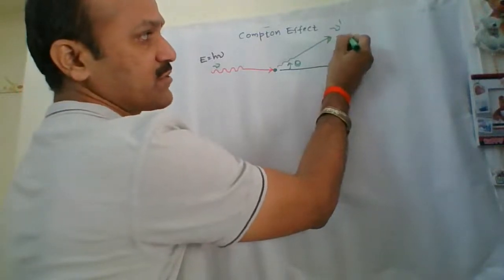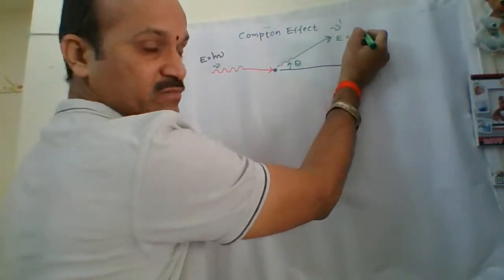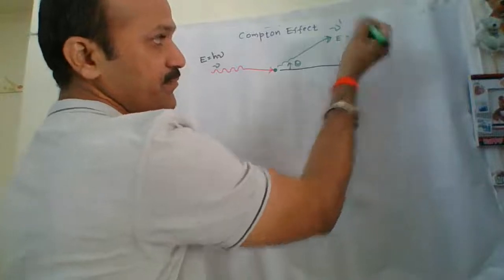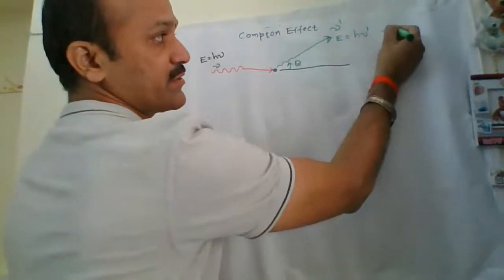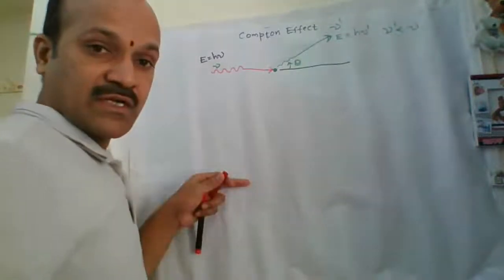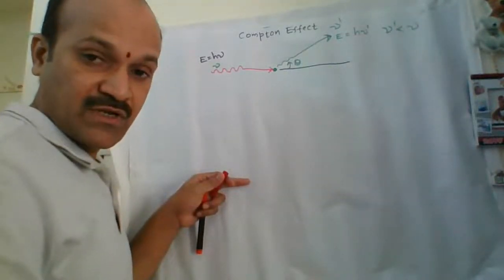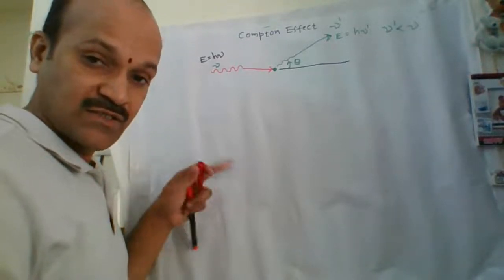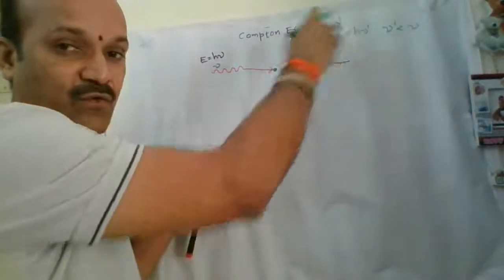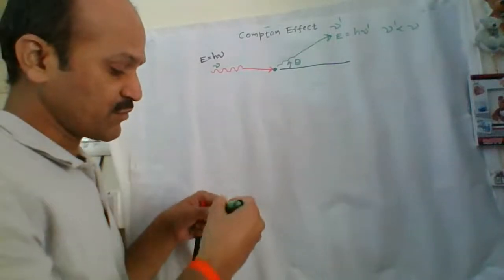The energy after collision becomes h nu dash. Remember, nu dash is less than nu. That is, the energy of the scattered photon is less than that of the incident photon. This is the scattered photon and this is the incident photon.